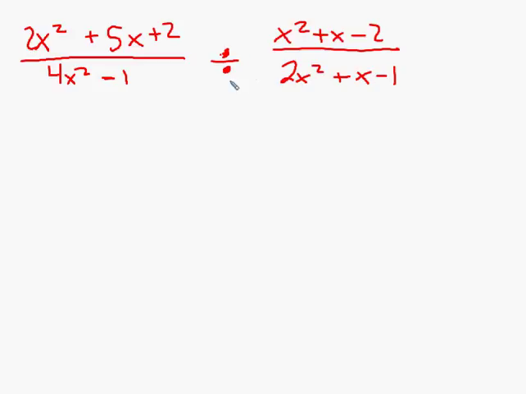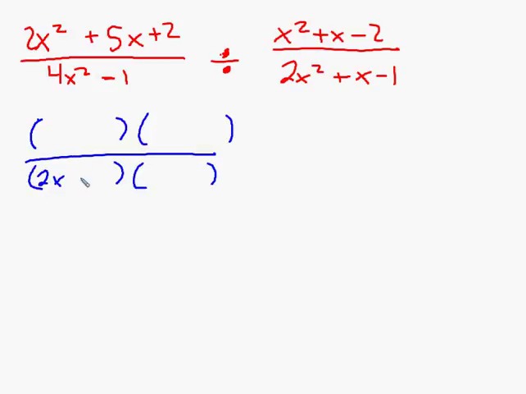All right, let's go ahead and do this one. What do we do first? And as I'm doing that, I'm also going to factor. I can do it all in one step.